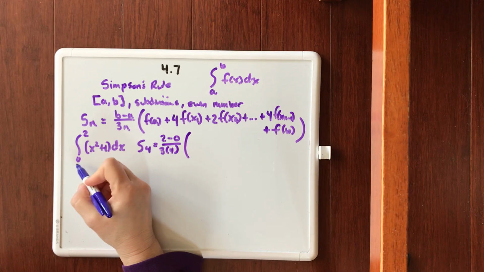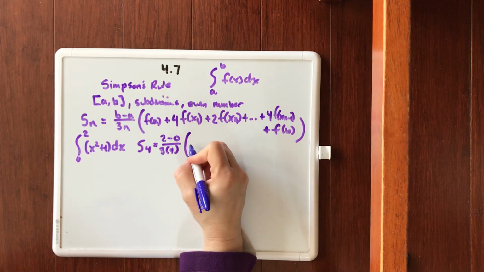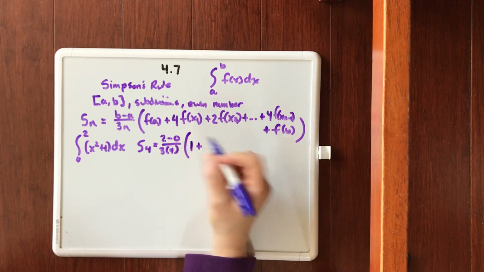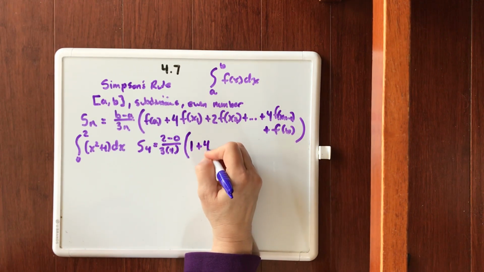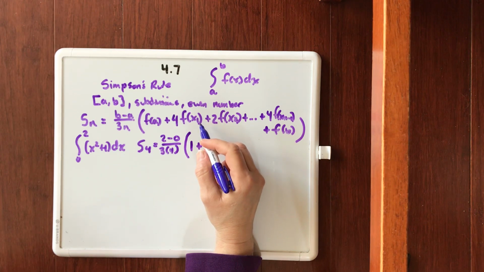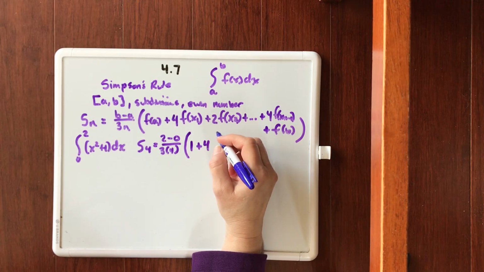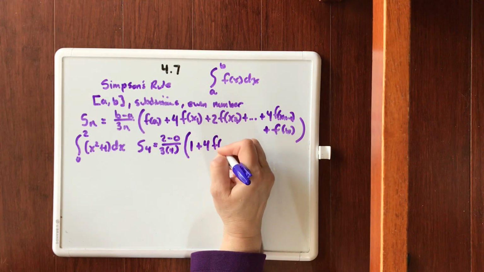Now a is 0. If we put a 0 in there, we're going to get 1. Plus 4 times f of x sub 1. f of x sub 1 is going to be 0.5. Remember we did this last time? So I'm going to say 4 times f of 0.5.